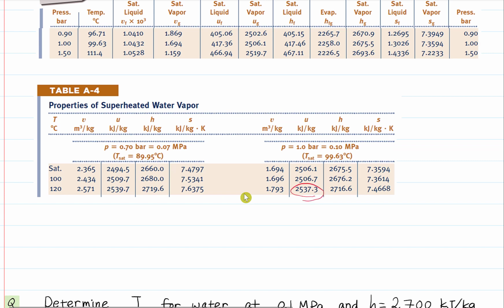So at this internal energy, the temperature is 120 degrees Celsius. So this is the temperature of the superheated water vapor at 1 bar or 0.1 megapascal. And enthalpy of the state is here, 2716.6 kilojoule per kilogram.